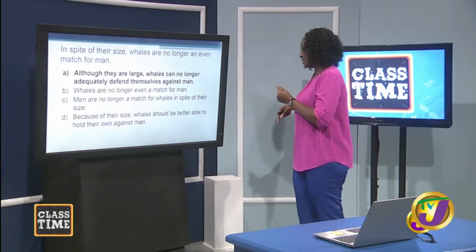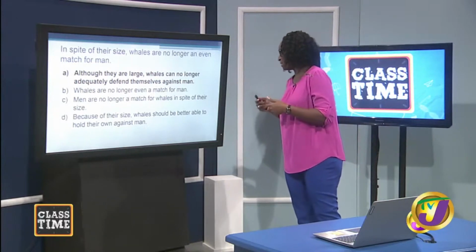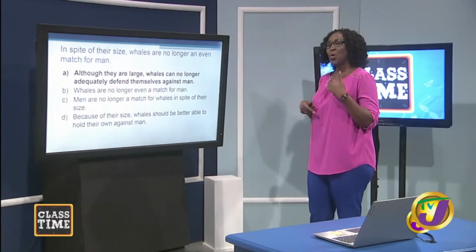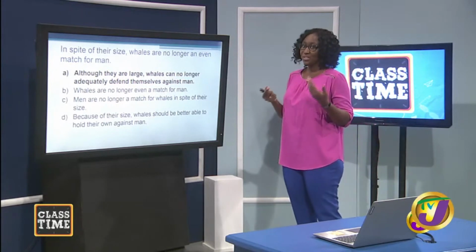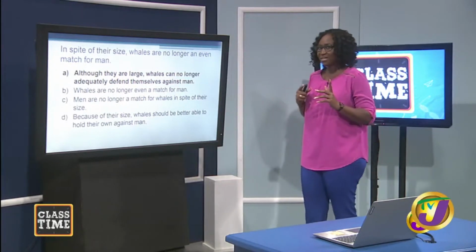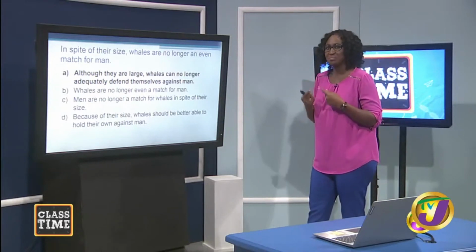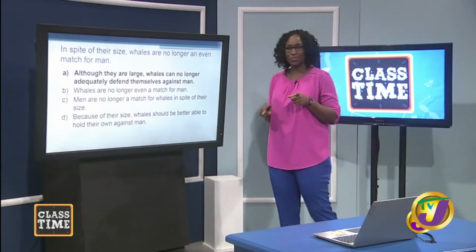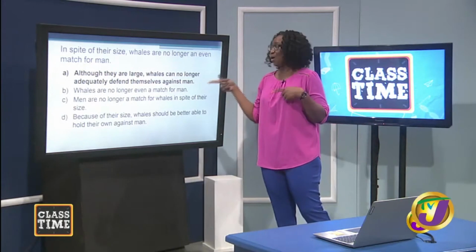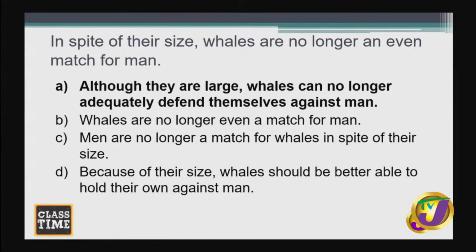And the last one says, because of their size, whales should be better able to hold their own against man, which is true. However, you want the same meaning being conveyed. Therefore, you need to go with A. Although they are large, whales can no longer adequately defend themselves against man.